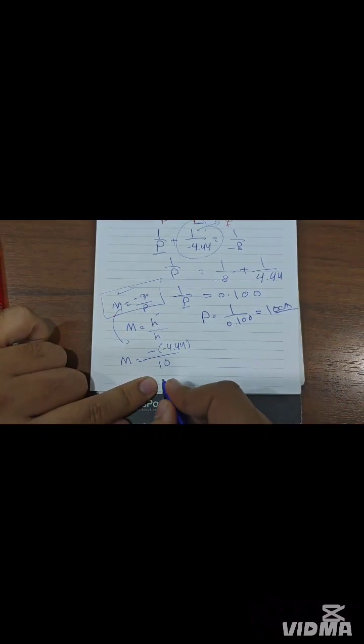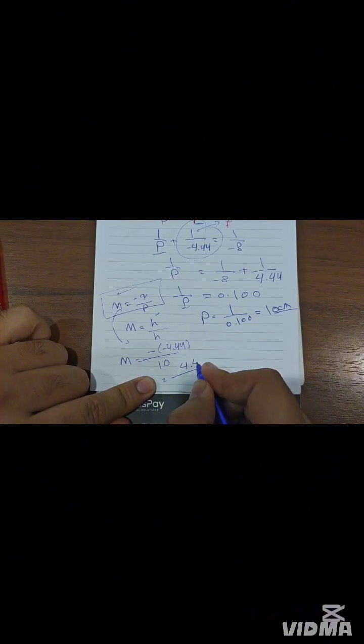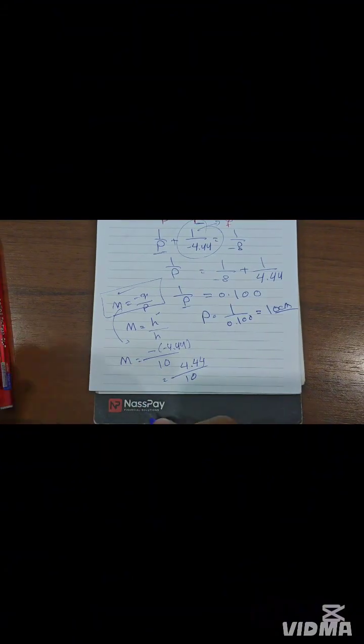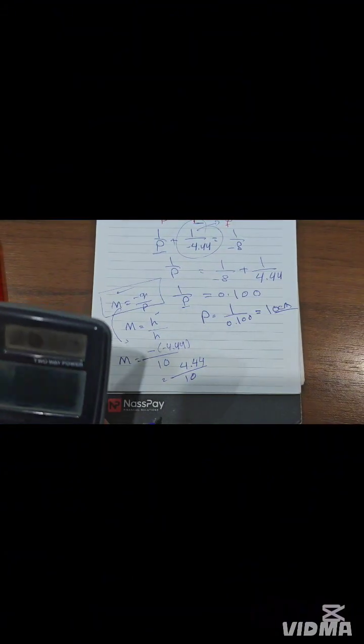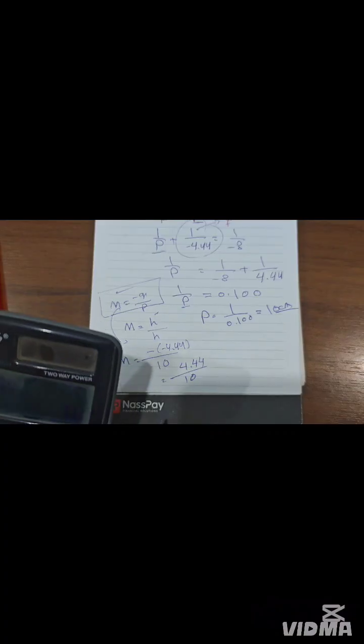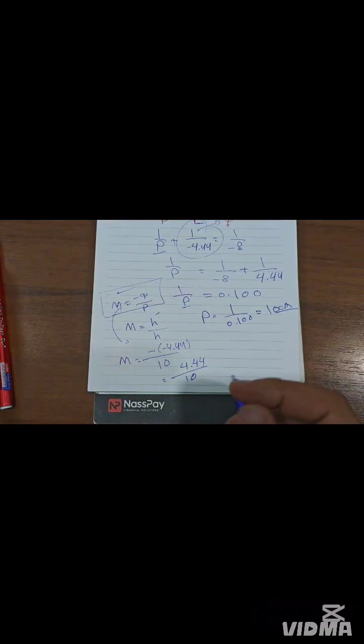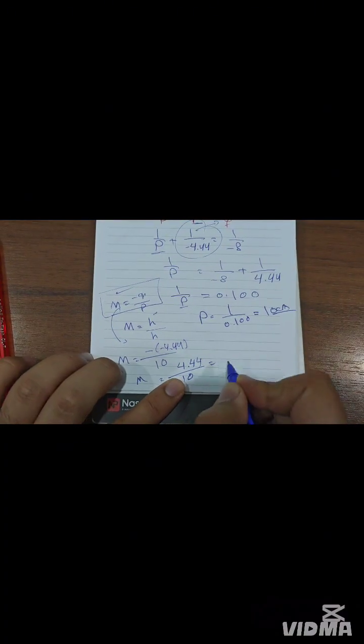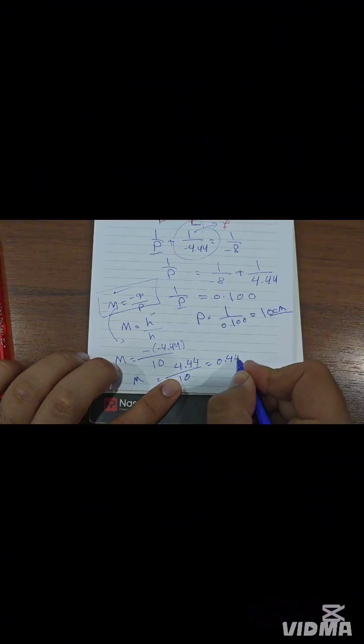Negative and negative will be positive, so 4.44 divided by 10. The answer is magnification equal 0.444.